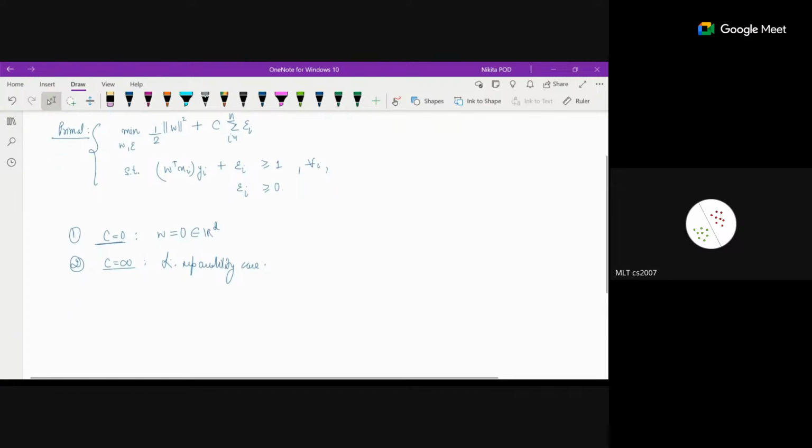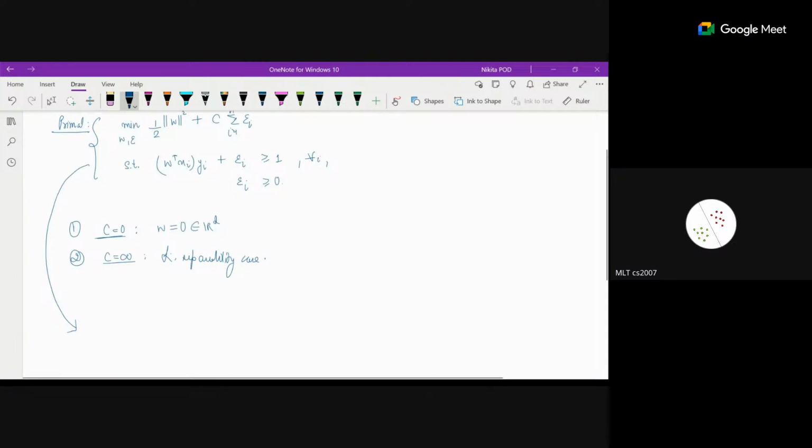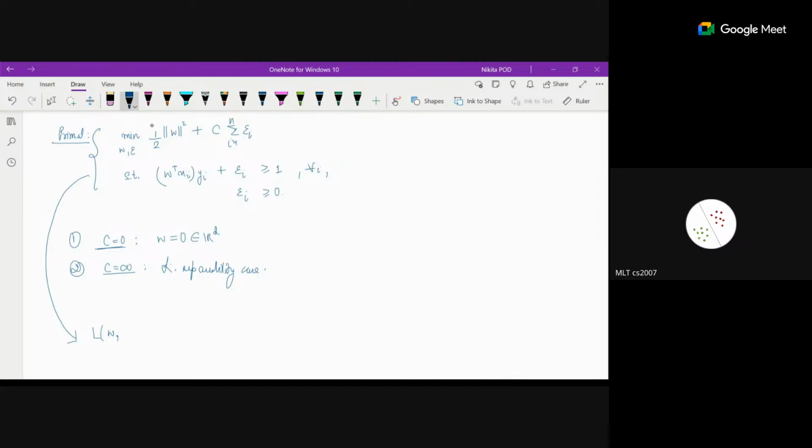Now for this primal problem, which is a constrained optimization problem, we use the Lagrangian. You have the objective function with two variables, W and epsilon, and apart from this you now have two constraints, one is this constraint and one is this constraint.